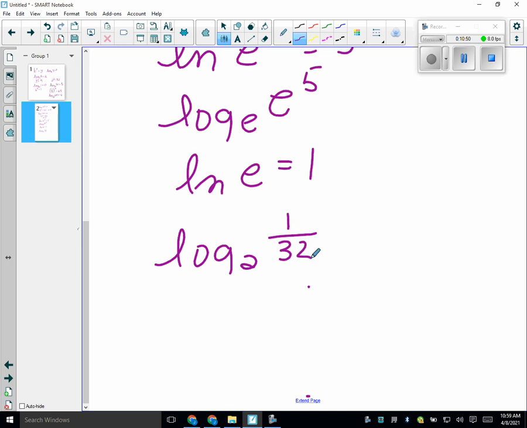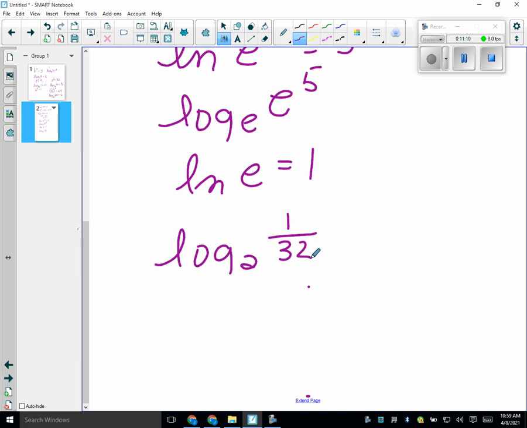Now, you have to understand, just 4 years ago, we had to use what we call a change of base formula. Do you know the answer?